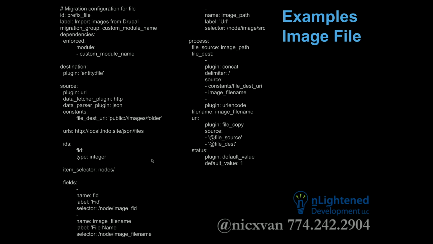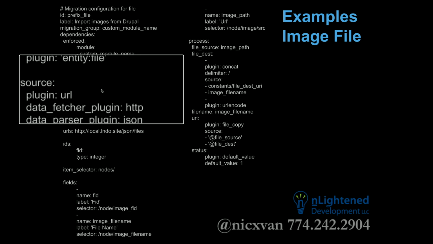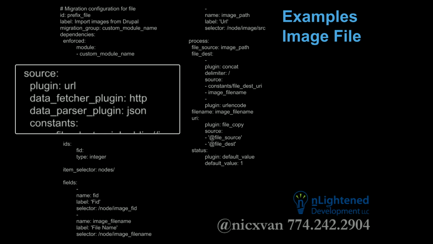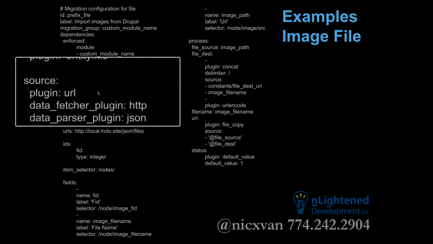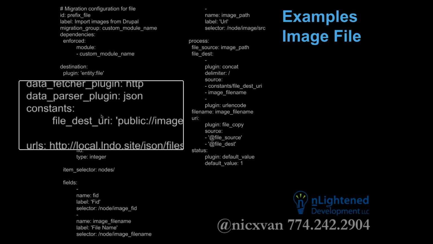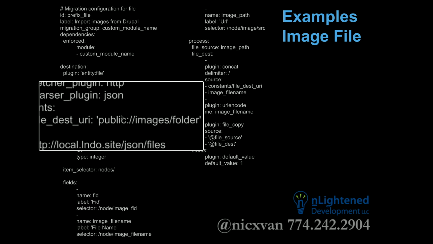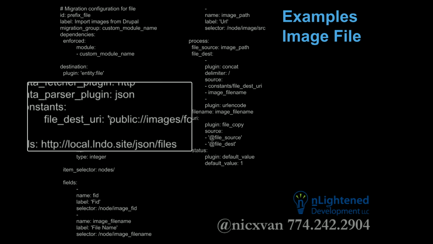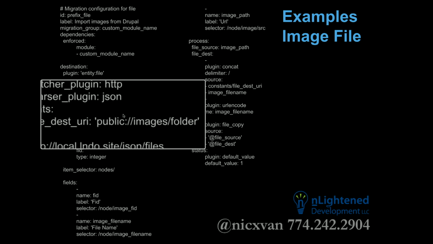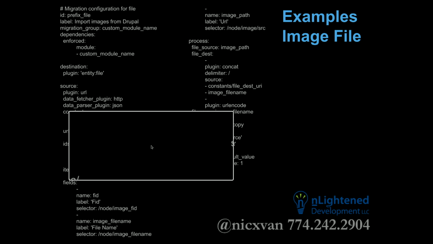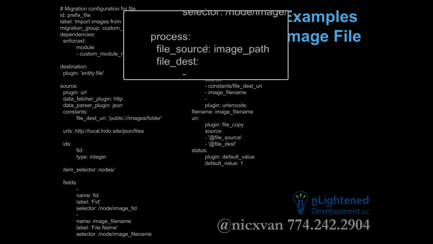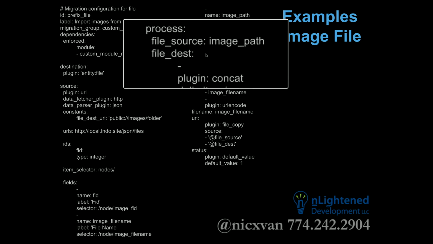Okay, this is how you migrate a file. So again, over here I'm using a source plugin URL and JSON. There's something new here though called constants. So you can actually create constants if you want to. In this case, it's where we're going to store the files. So it's the URI to the public folder. And then there's a file source and destination process plugin. So the source is basically the path on the other site.